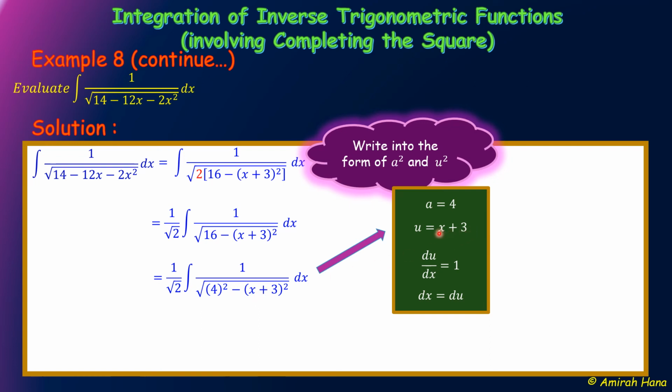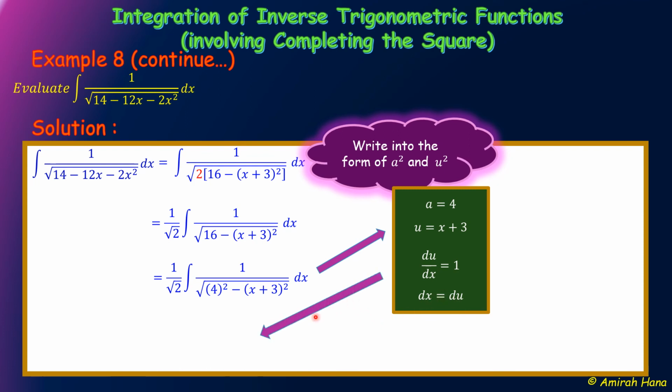And after that, we differentiate u with respect to x. The symbol is du over dx. When we differentiate x, the answer equals 1. And then when we differentiate plus 3 here, we get plus 0, no need to write. After that, we write dx as the subject, so we just cross multiply. So we get dx equals du.